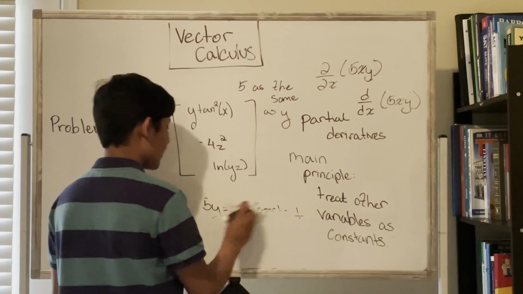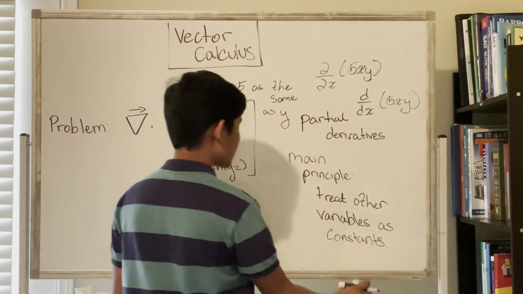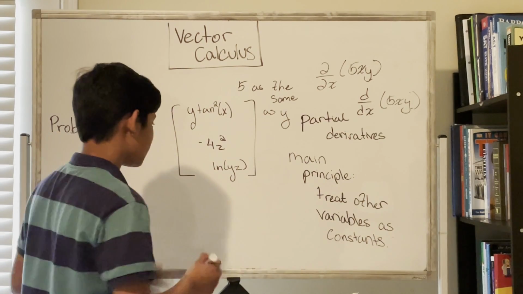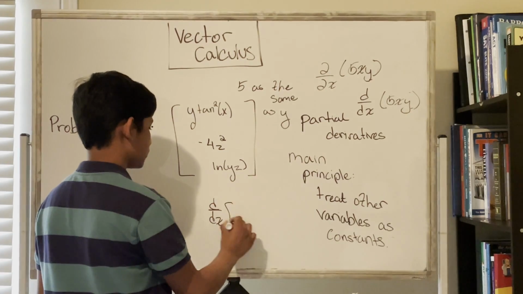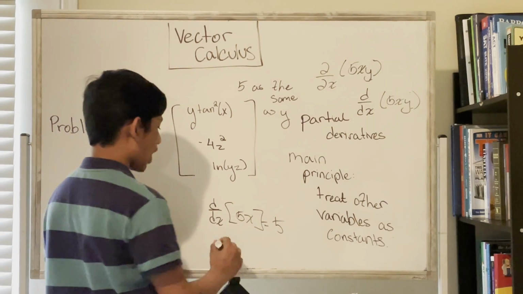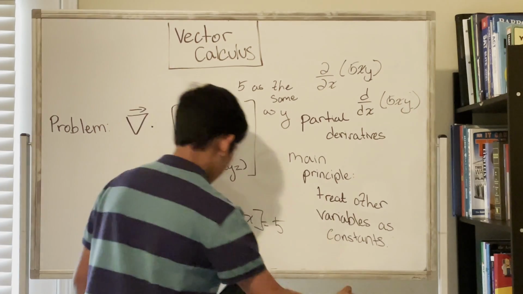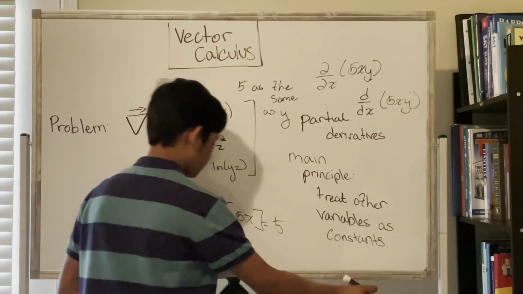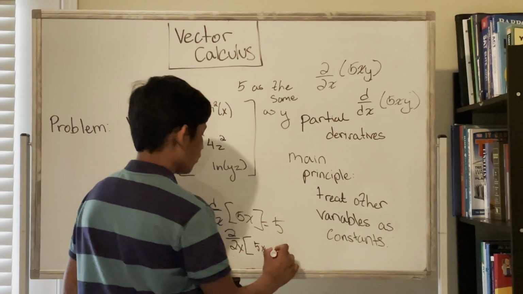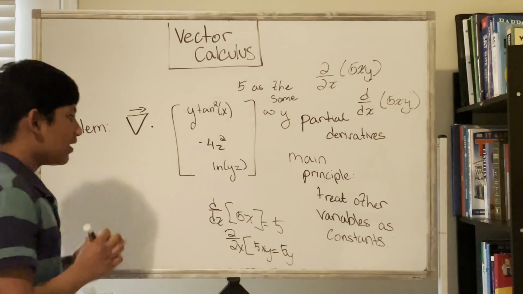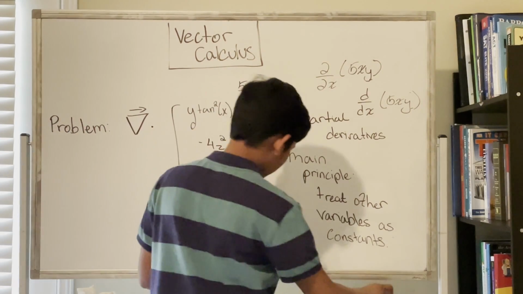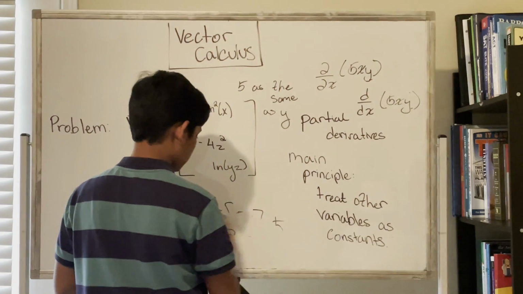So the derivative of x is essentially just 1. And since the derivative of x is just 1, if we just have the derivative of 5x, we would obviously get 5. So the derivative of 5yx or 5xy, and we have to do partial differentiation, will just be 5y. Okay, so that's just a short summary of what partial differentiation is exactly.